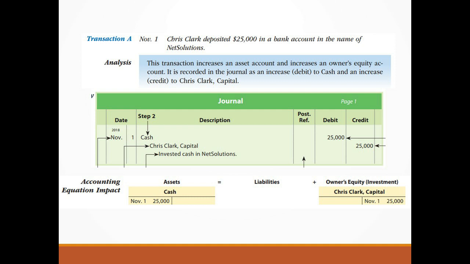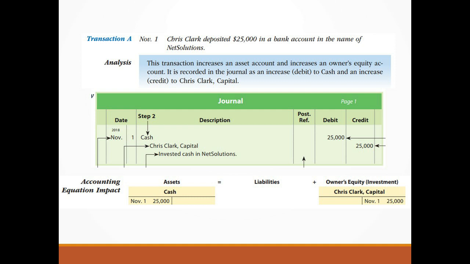It is recorded in the journal as an increase or debit to cash and an increase or credit to Chris Clark, capital. The accounting equation impact: assets, cash, increased $25,000, and also the owner's equity, Chris Clark, capital, increased $25,000.